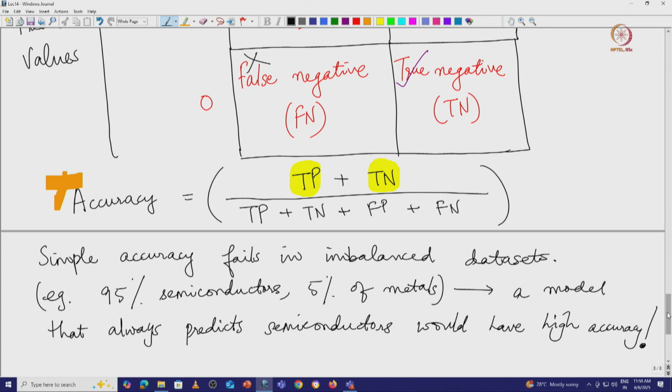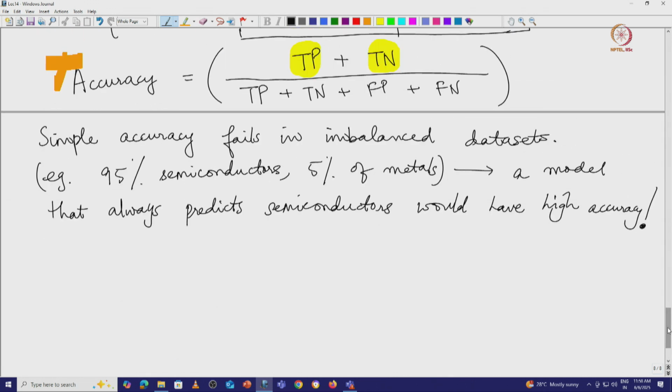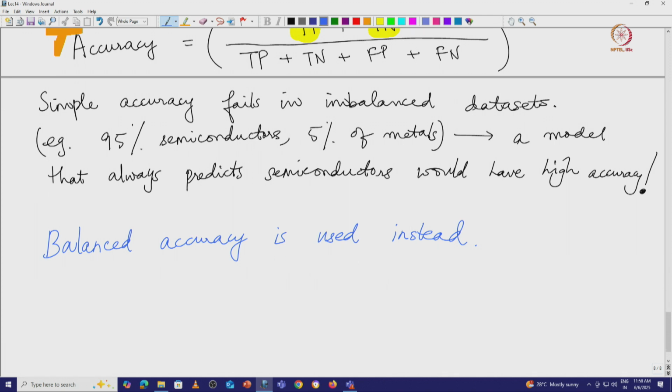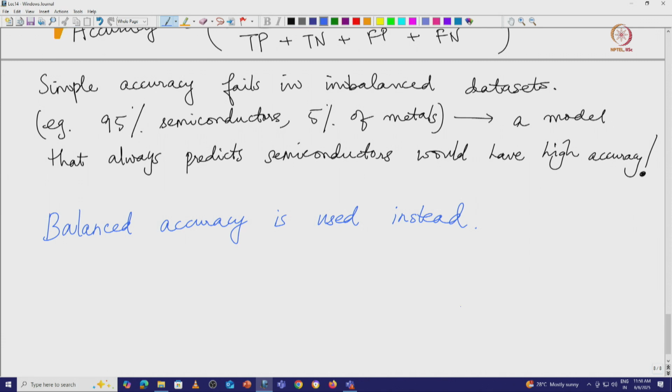So, how do we fix this? We define what is known as a balanced accuracy score. What is this balanced accuracy? To understand the balanced accuracy, we need to define two more metrics. They are called the sensitivity and the specificity. So, let us see what these are.